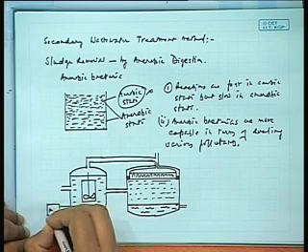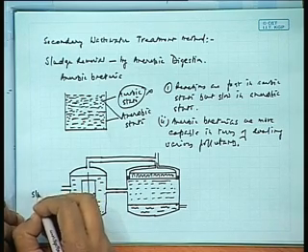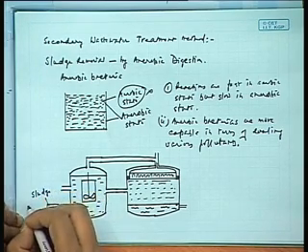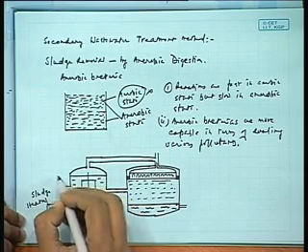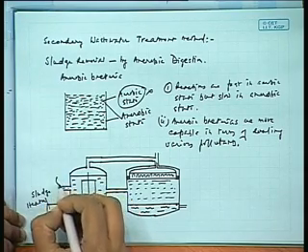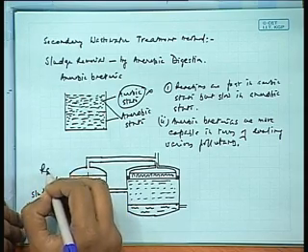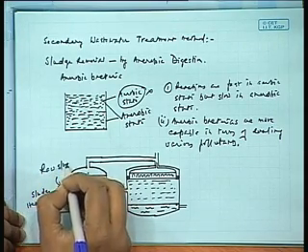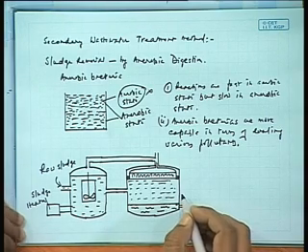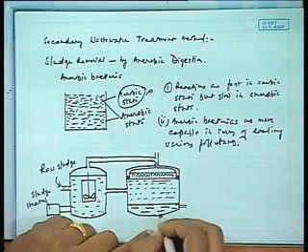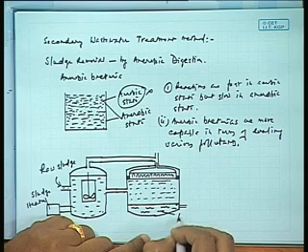Okay, if you just see this, you can see this sludge heater. This is where the raw sludge is coming in. Raw sludge is coming in, and this is digested sludge.